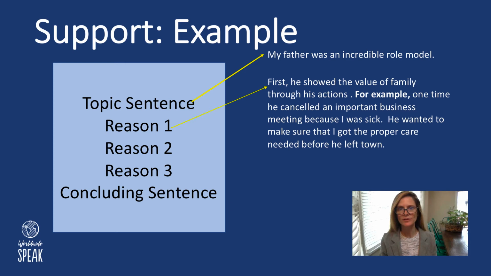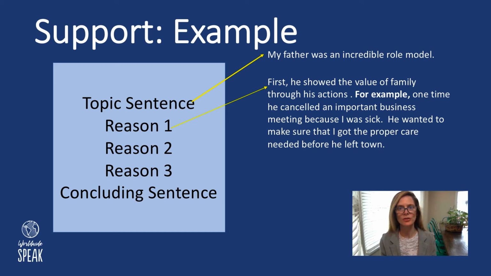Then we follow this up with a specific example and detail of what the value of family looks like, so that the reader clearly understands the point we're trying to make in this reason. I write, for example, "One time he canceled an important business meeting because I was sick.